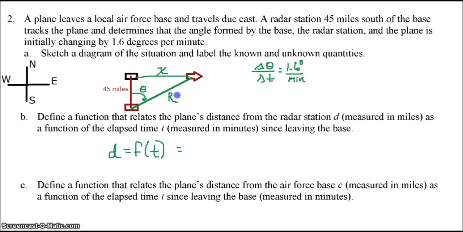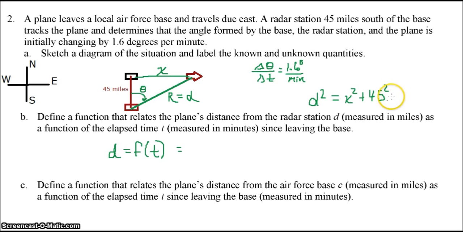The plane's distance from the radar station, that's what I had called r, but they called it d. From the Pythagorean theorem, since that's our hypotenuse, d squared equals x squared plus 45 squared.